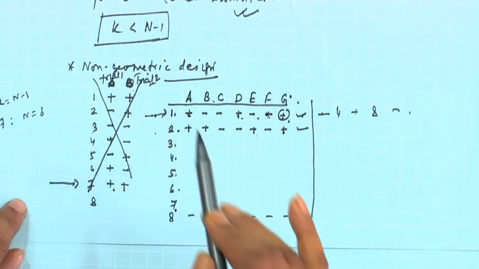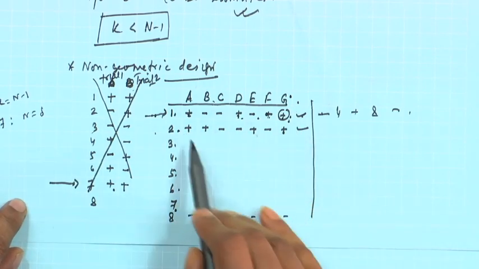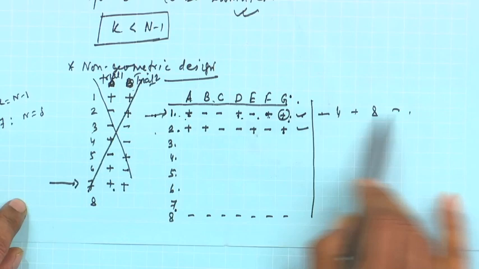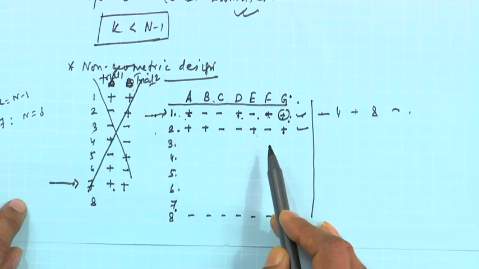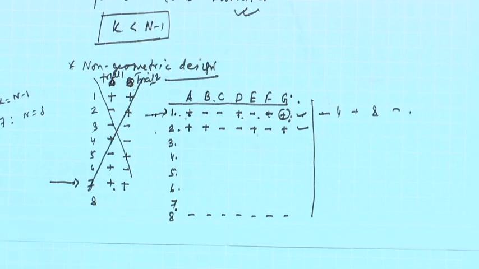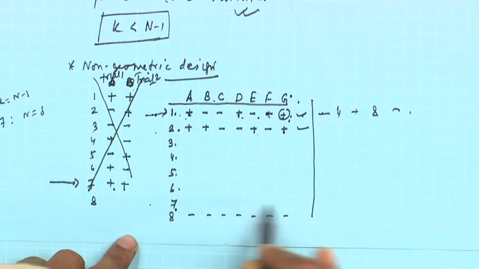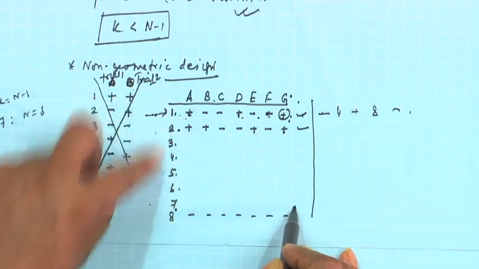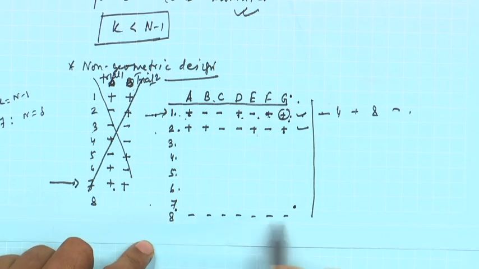Then for the second one, you start where you end and continue from the previous in sequence. Third one, in the same manner, start where you end and repeat this process. You finish the first 7 experiments, then the last one will be all negative, all at low levels.